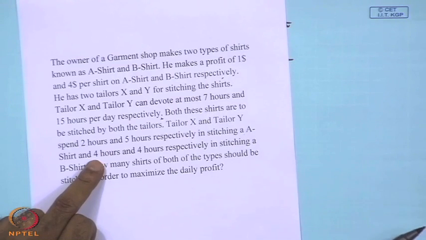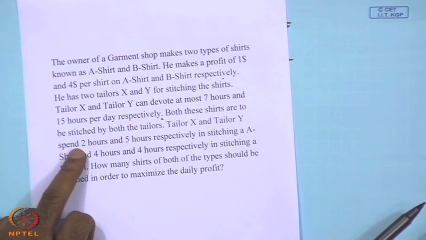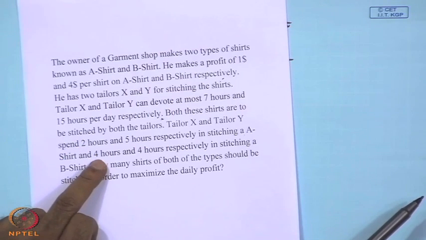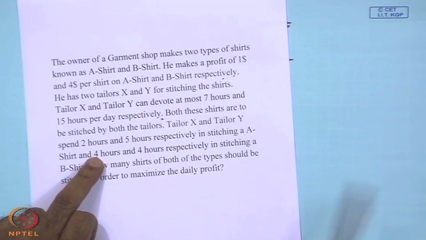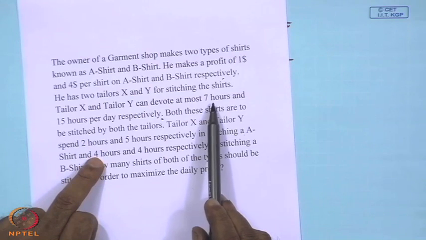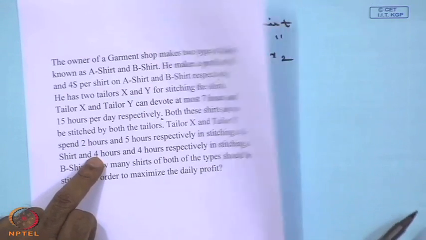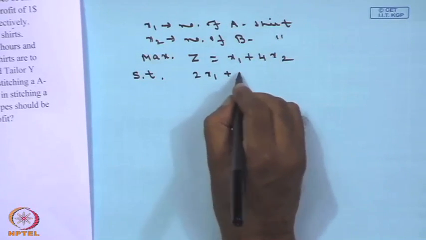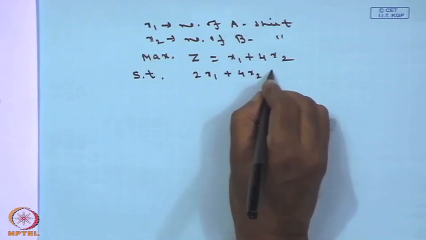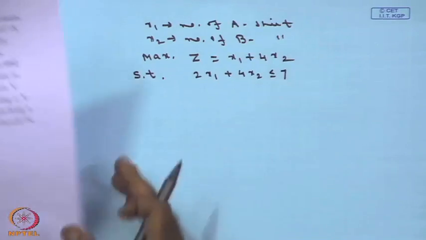So, in one day, 2 into x1 plus 4 into x2 must be less than or equal to 7, because he cannot devote more than 7 hours. So, my first condition is 2x1 + 4x2 ≤ 7.